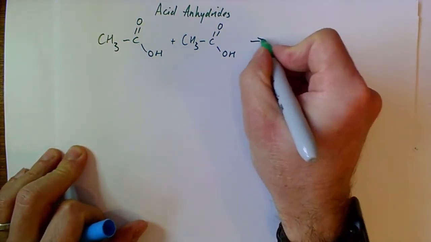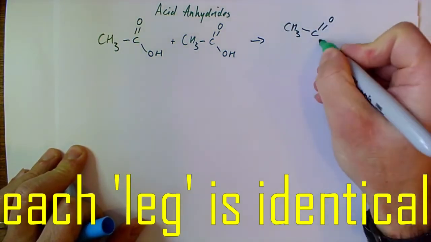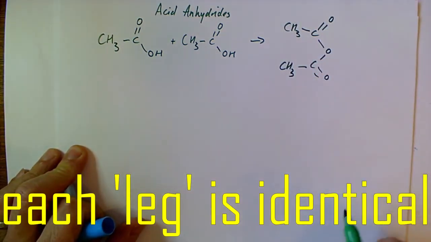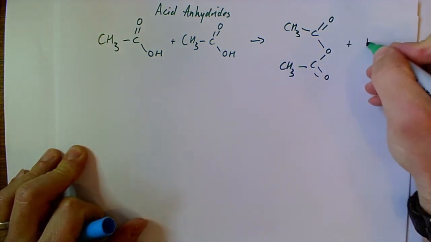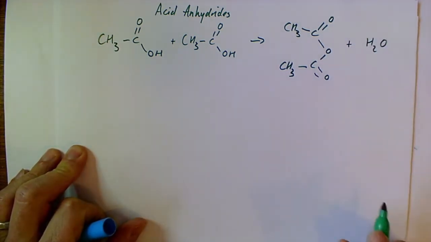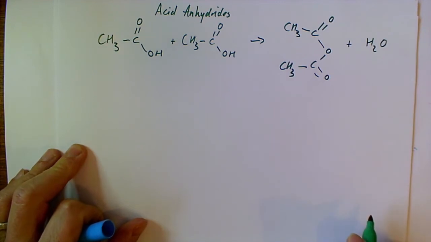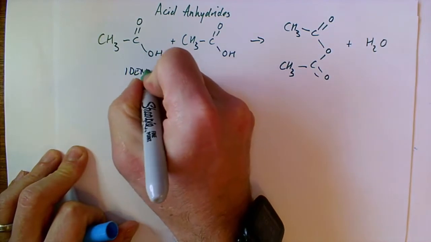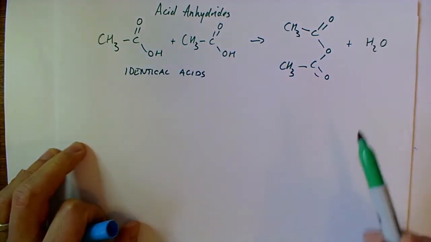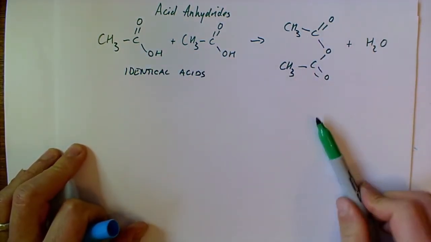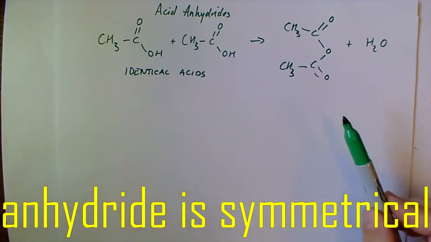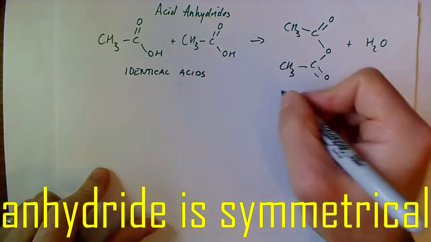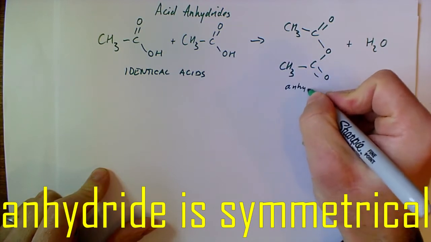These react together to form our acid anhydride and releasing some water in the process. So they're always going to be identical. So therefore, what we're going to make over here is a symmetrical anhydride. Okay, so this is the anhydride.